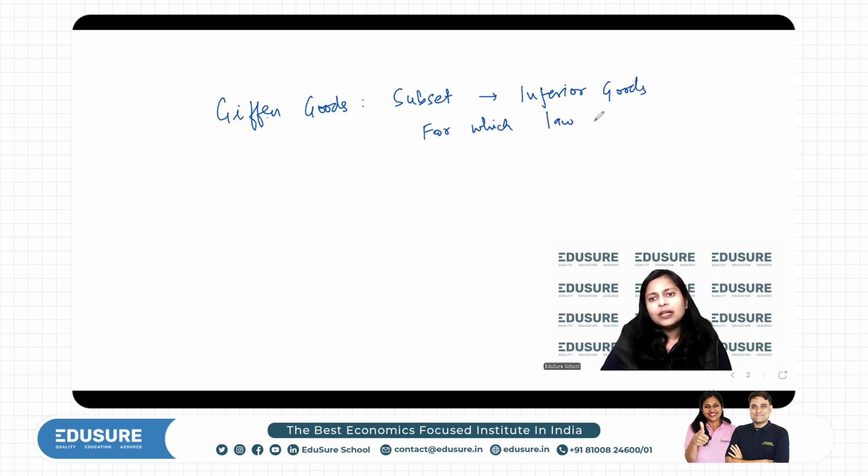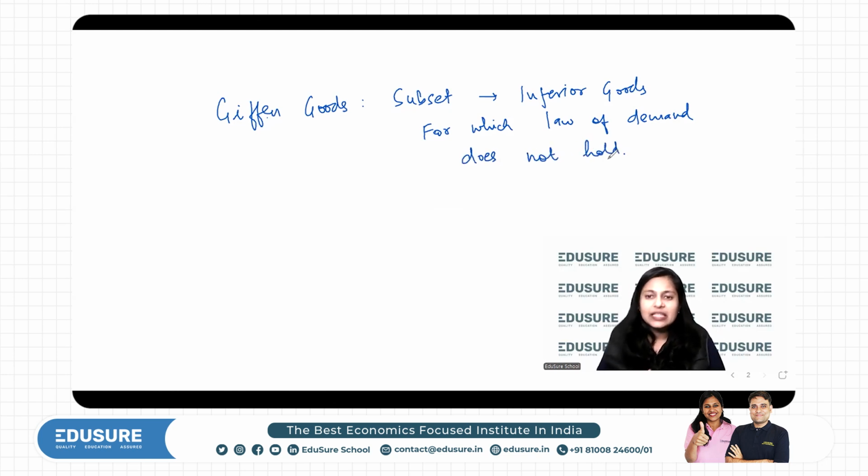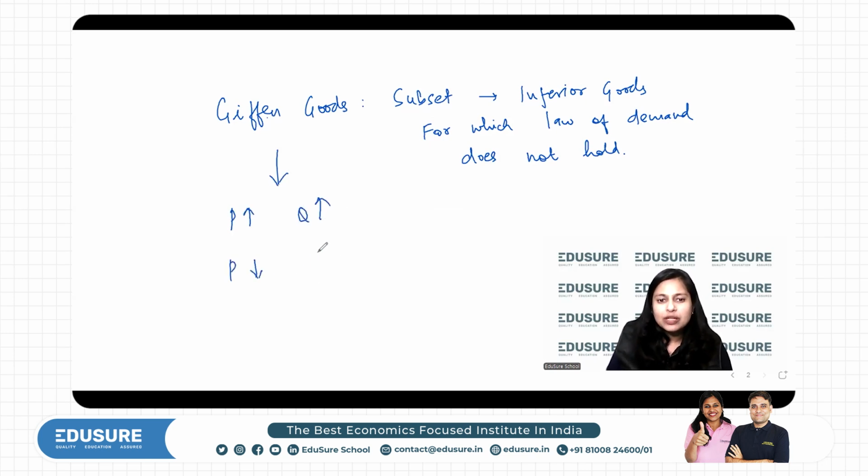Giffen goods are that subset of inferior goods for which the law of demand does not hold. Which means for Giffen goods, when price rises, quantity demanded actually rises, and when price falls, quantity demanded actually falls.